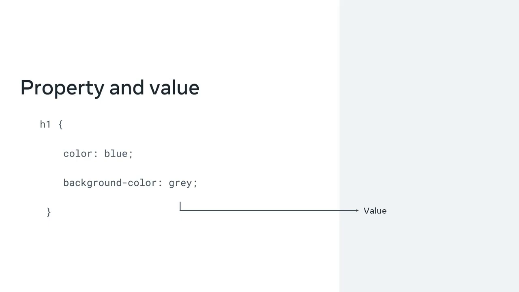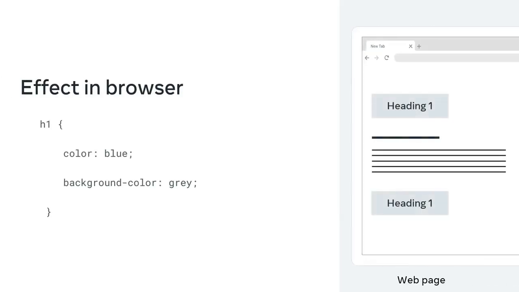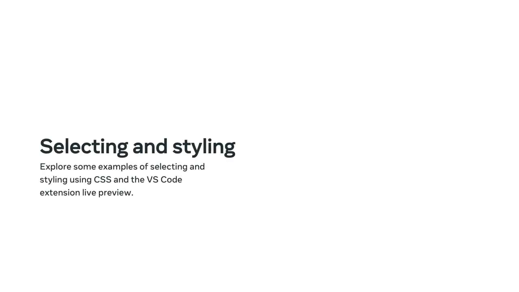The color property gets a value of blue and the background color property gets a value of grey. This will result in all heading 1 tags displaying blue text on a grey background in the browser. By now, you'll have learned that CSS tells the web browser how to display HTML elements on screen. Now, let's work through an example to change a set of heading elements using different CSS rules.